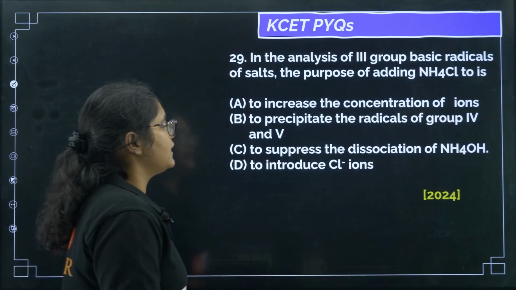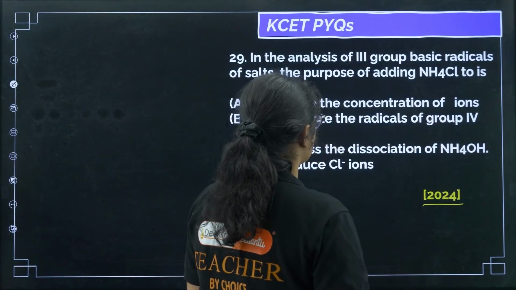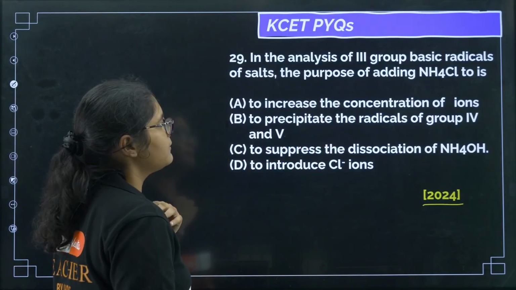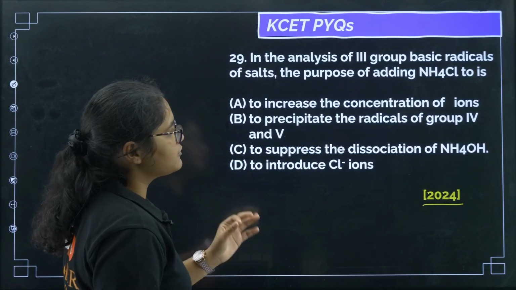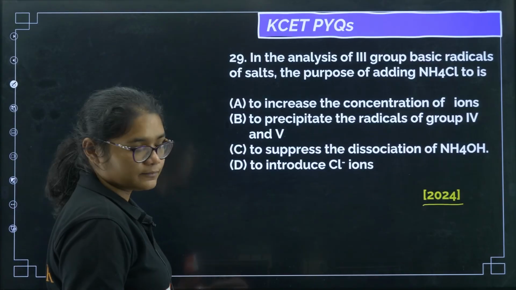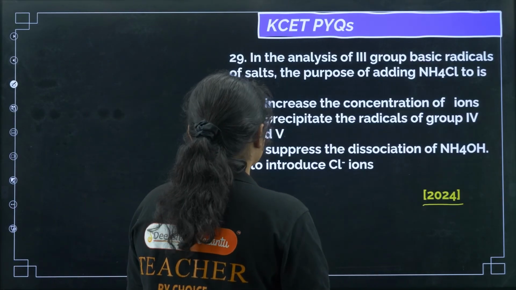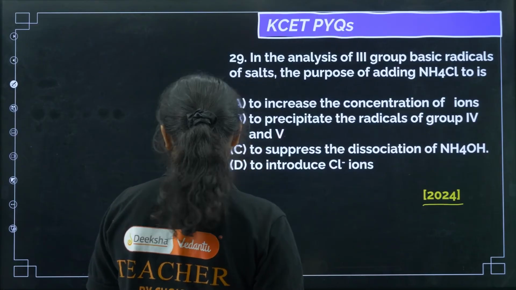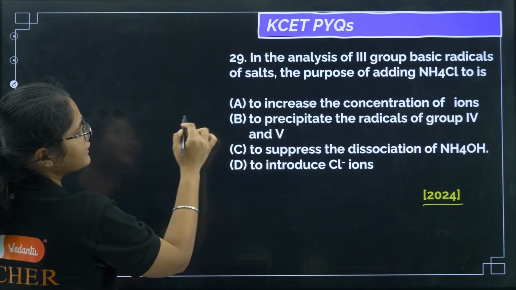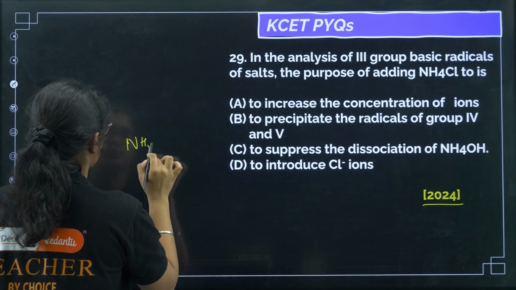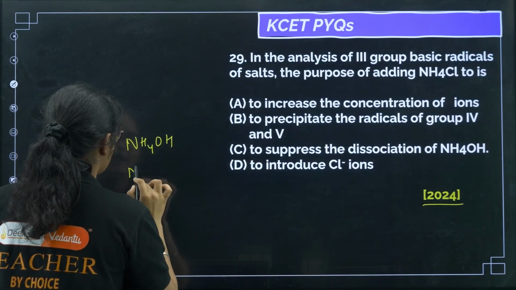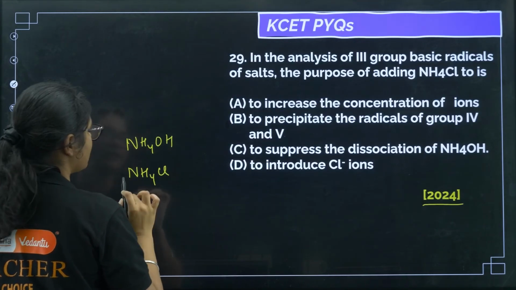Okay, next question, this is also a 2024 question. In the analysis of group 3 basic radicals, the purpose of adding NH4Cl is. So now if you see in group 3 analysis, we use the solvent NH4OH, right? So now if you add NH4Cl to that, what will happen?